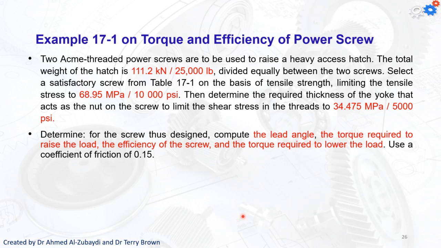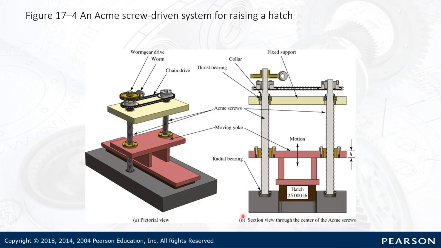So now let's have a look at the case once again. We have the table, or the moving yoke, that goes up and down and carries about 25,000 pounds. Divide the load by two screws.